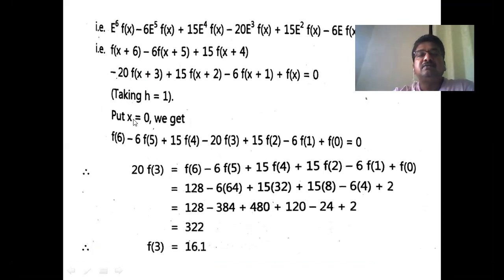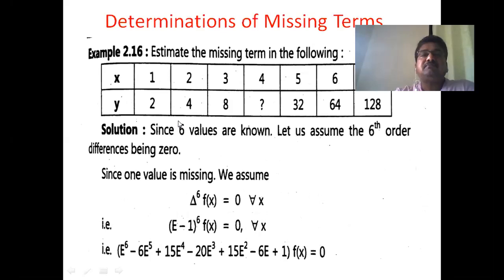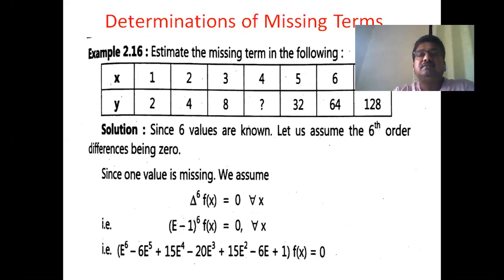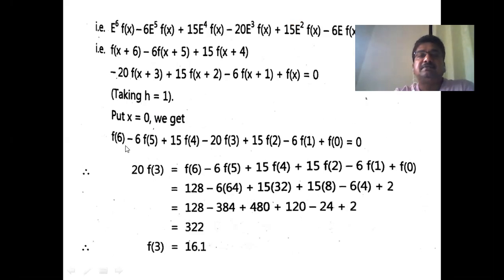Observe the values of x: the first value of x is 1. So substitute x equal to 1. Don't write x equal to 0 here. Put x equal to 1, not x equal to 0.